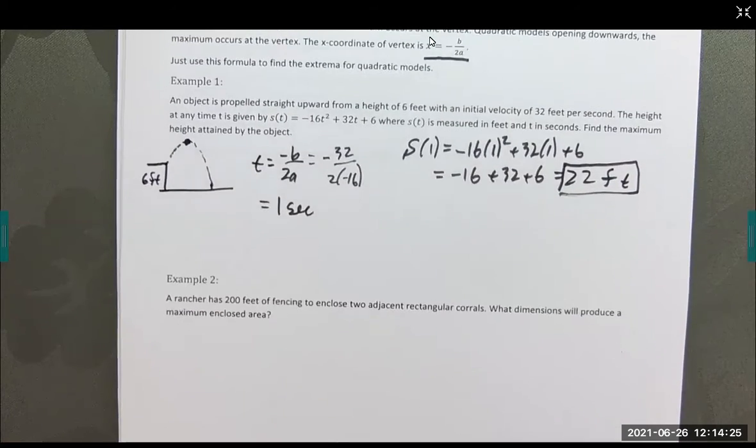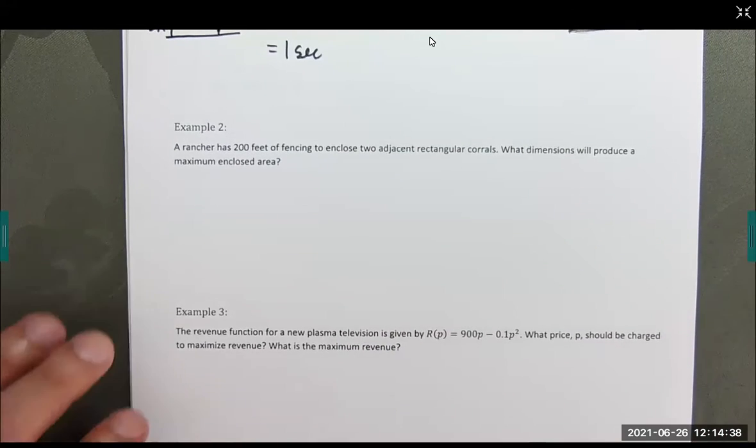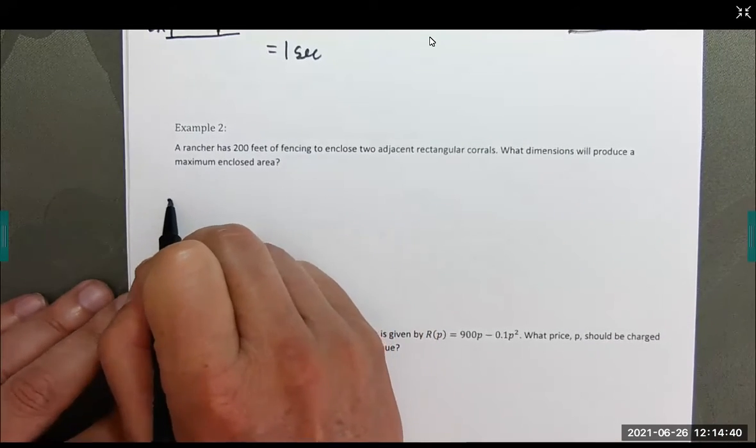All right, example 2, a rancher has 200 feet of fencing. That's going to be the total perimeter to enclose 2 adjacent rectangular corrals. What dimensions will produce a maximum enclosed area? So here's what we're looking at.